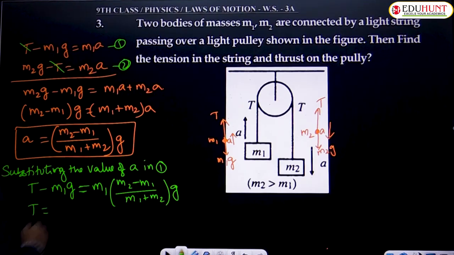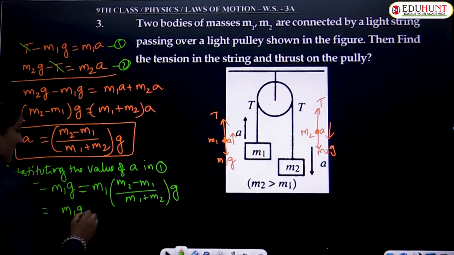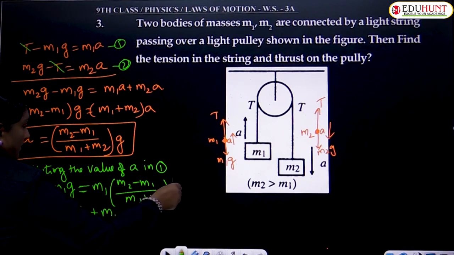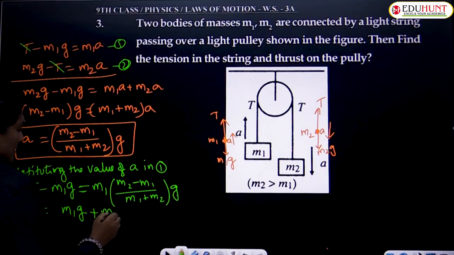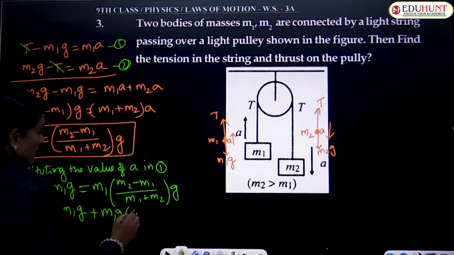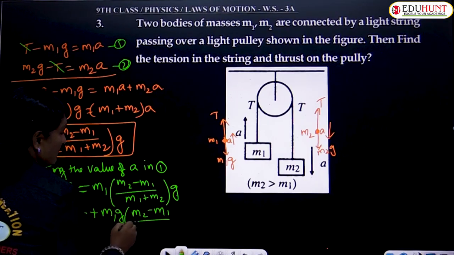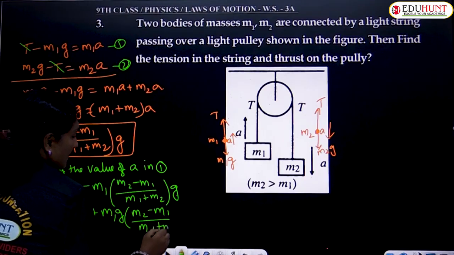So T can be written as: carry this minus M1G to the other side, then it becomes M1G plus M1G times M2 minus M1 upon M1 plus M2.